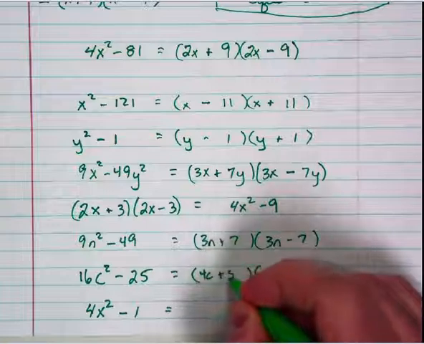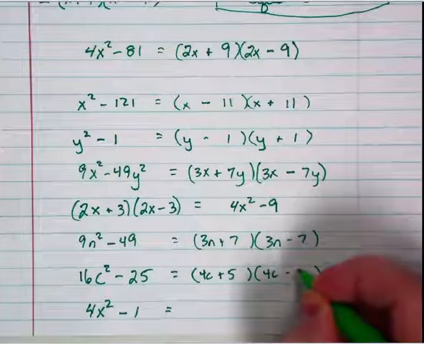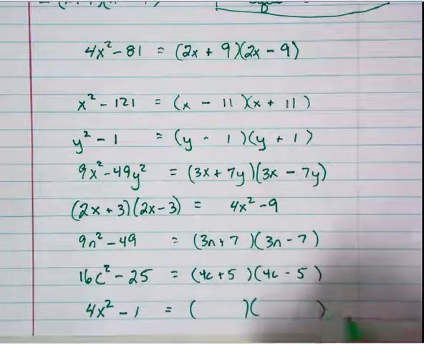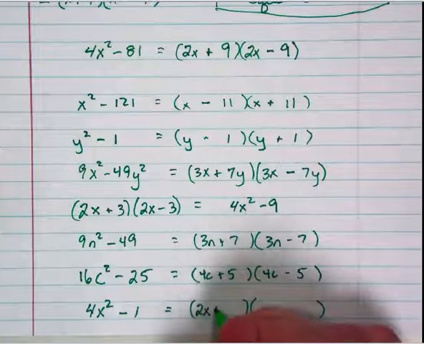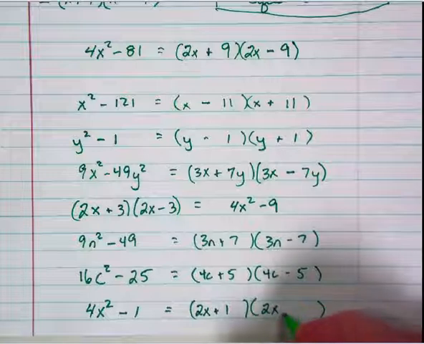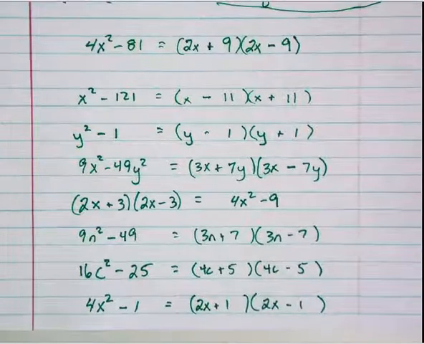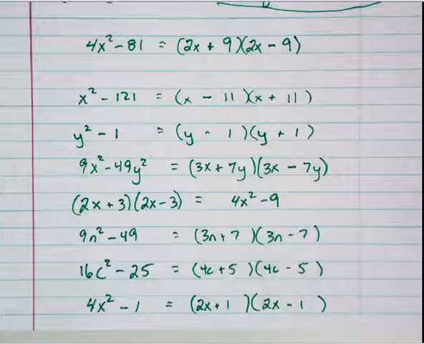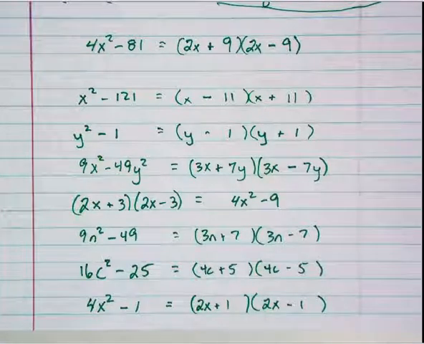It would be 4c plus 5, 4c minus 5. This is the difference of perfect squares, which is 2x plus 1 and 2x minus 1. Okay? It really should be that simple.